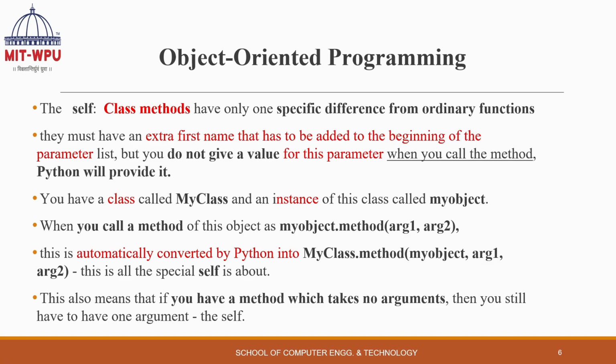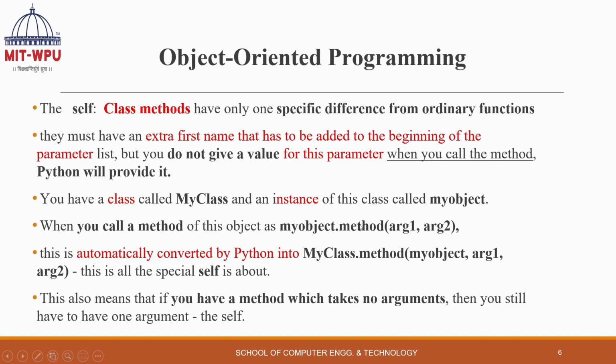The class methods are different from normal functions in one way: the self keyword. Remember, for every class, the class methods have self as the first parameter, even if you do not define it. All class methods have a special first parameter that we name by convention self.